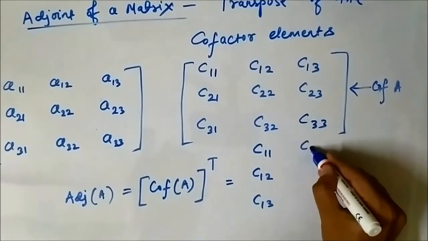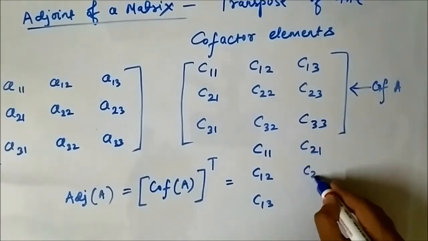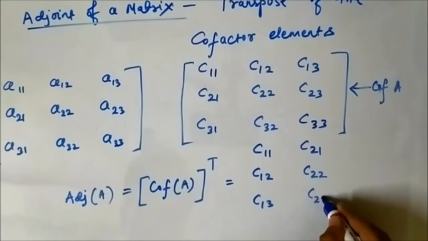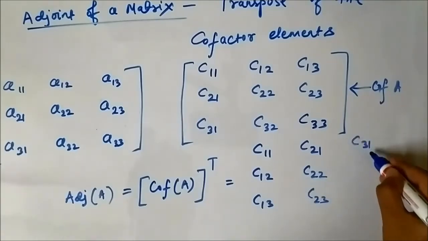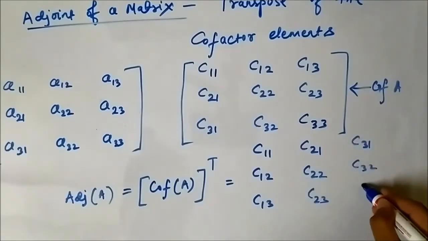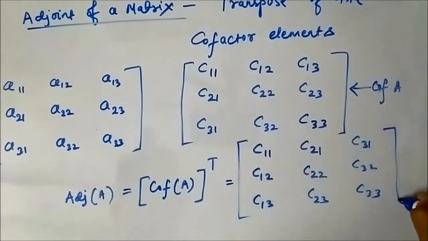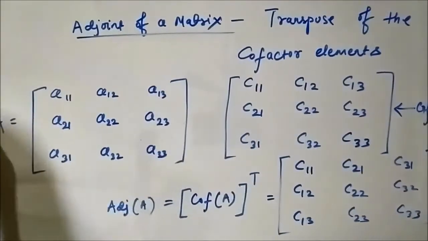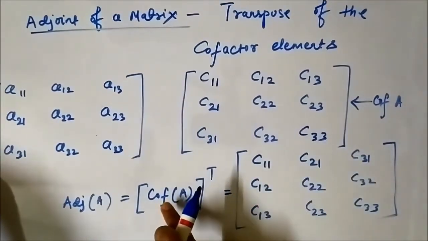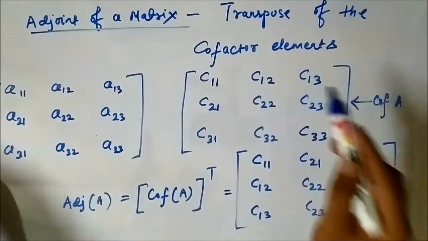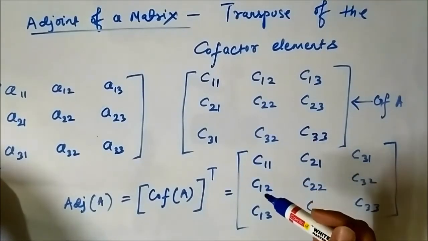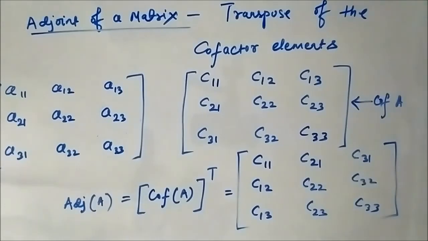Similarly C21, C22, C23, C31, C32, C33. Okay, this is the adjoint of this matrix, which is the transpose of the cofactor matrix. This is the adjoint of a matrix.